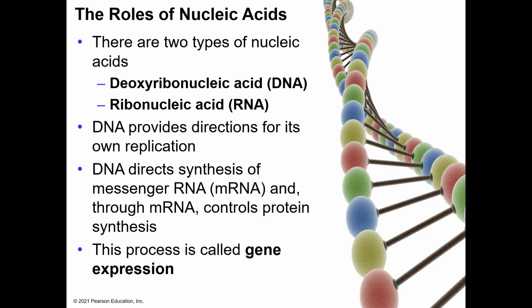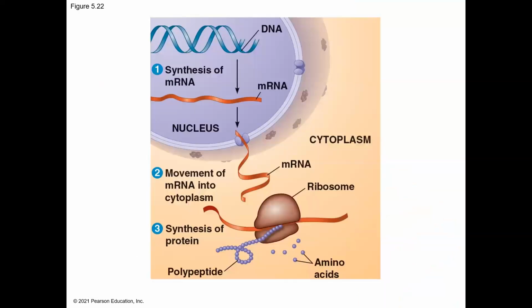There are several different types of RNA, for example messenger RNA, transfer RNA, and ribosomal RNA. These different RNAs, created from the directions from DNA, are used in the process called gene expression, the creation of proteins.